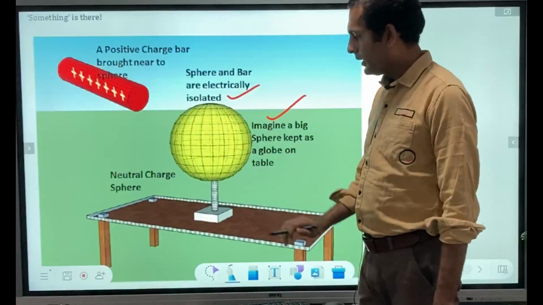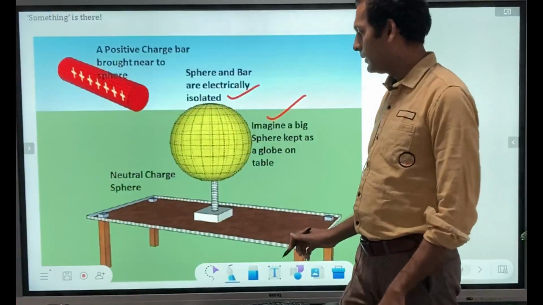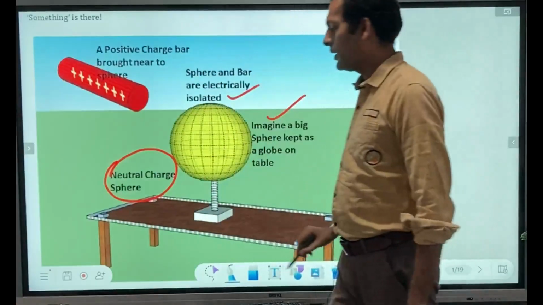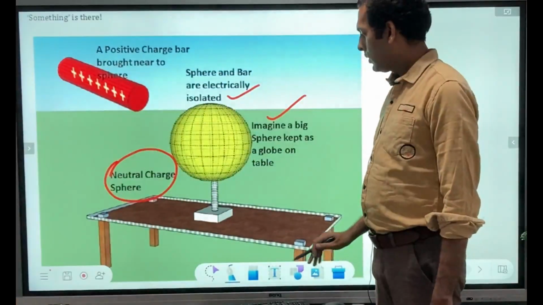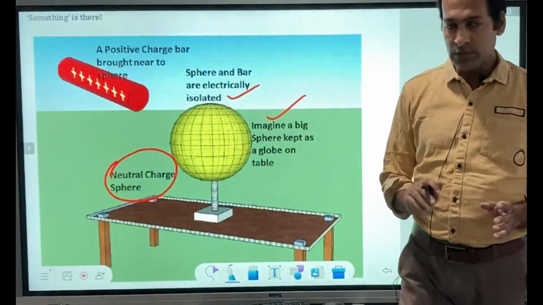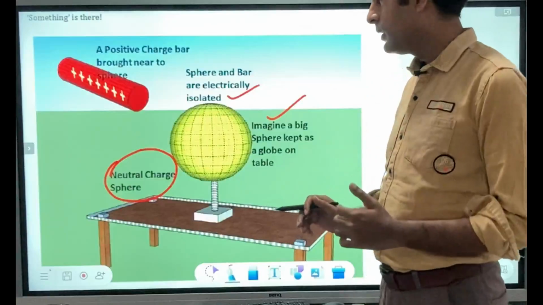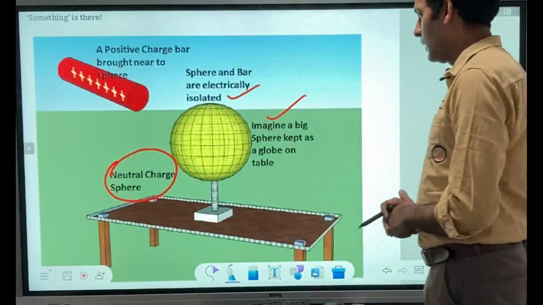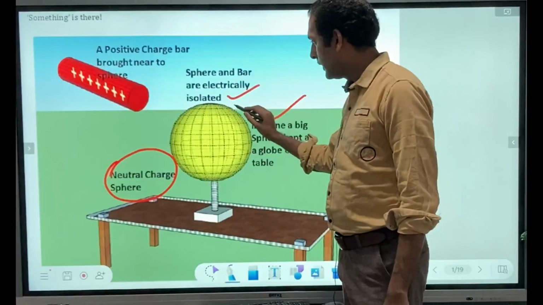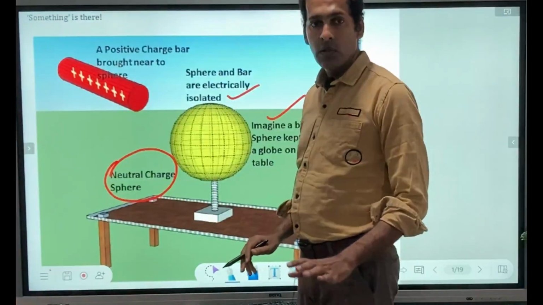That means it is not electrically connected with anyone, and this is a neutral charge sphere. So of course it's looking like a globe, but it is not a globe. This is just a toy example to understand the concept of flux. Now this is a sphere which is electrically isolated and there is no charge.